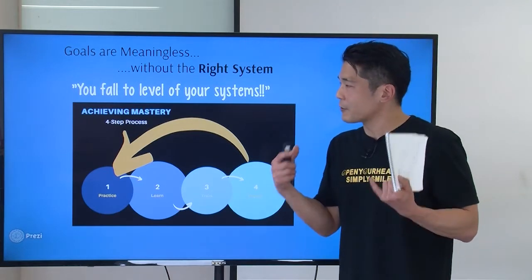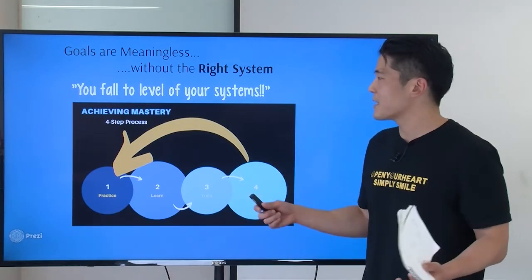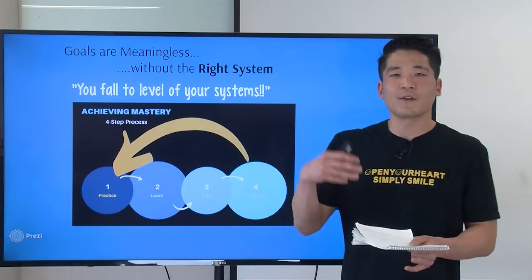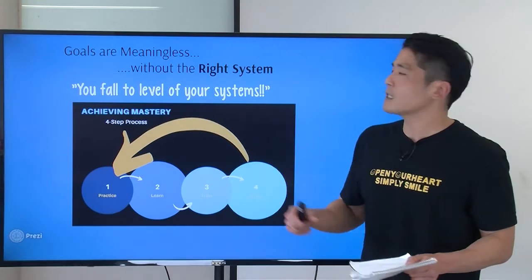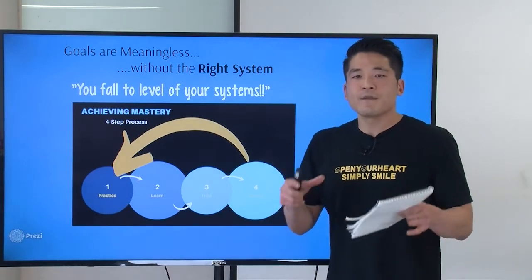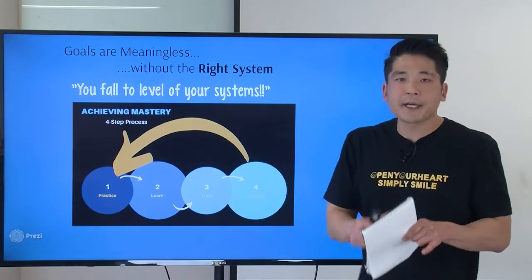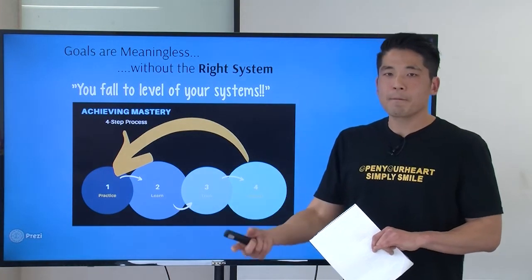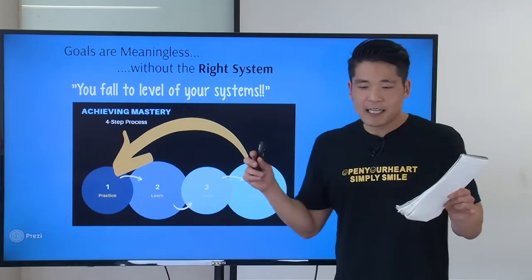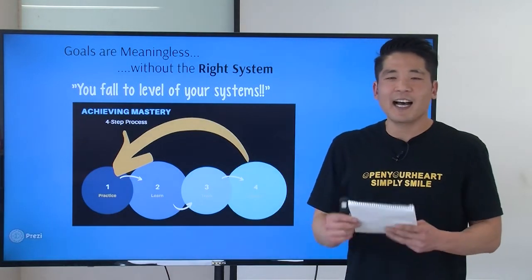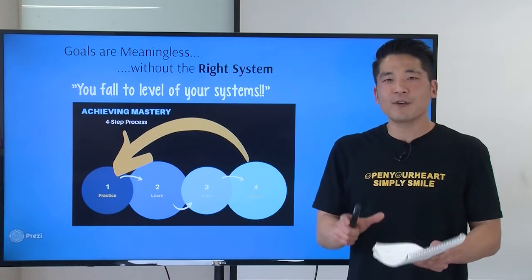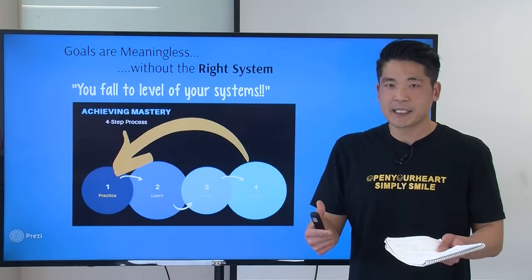There's a really great quote that I love that says, you don't rise to the level of your goals, you fall to the level of your systems. So if you don't have a good system in place, it's going to be very difficult for you to succeed, okay? Guys, and look, to be honest, I want every single one of you to succeed on this test.